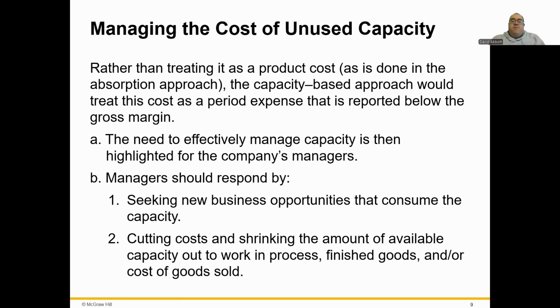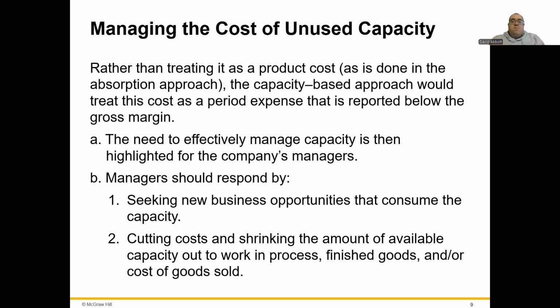Now, the need to efficiently manage capacity is then highlighted for the company's managers. Because again, this is really an opportunity cost. They have this machine, it's able to produce, but they're just not utilizing it to the fullest capacity. And that's what we're trying to figure out: how much spare capacity do we have that we're underutilizing.